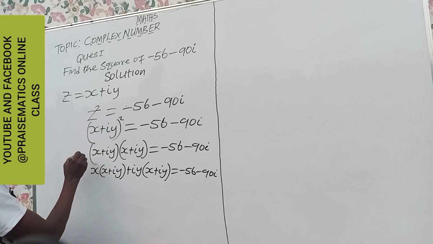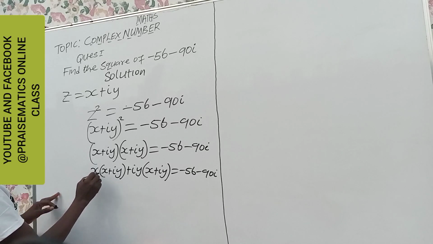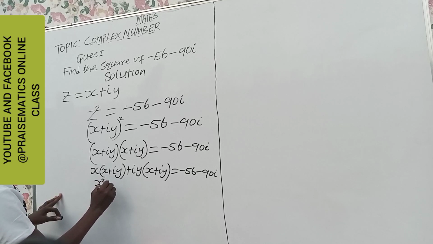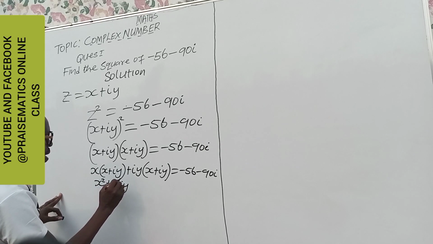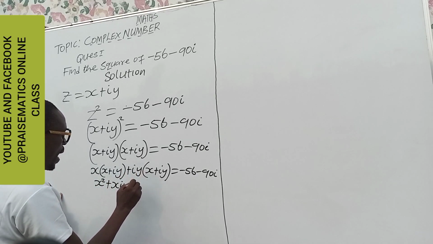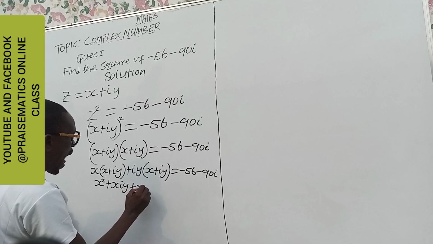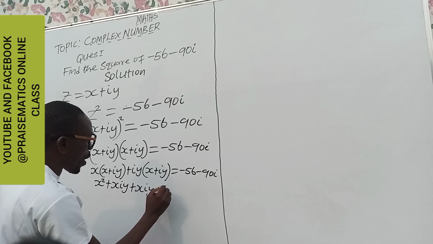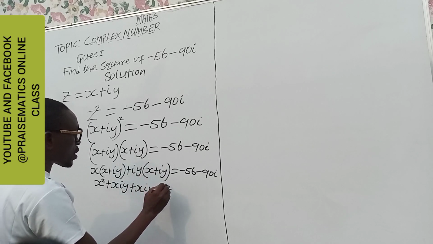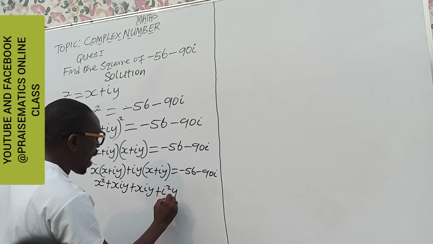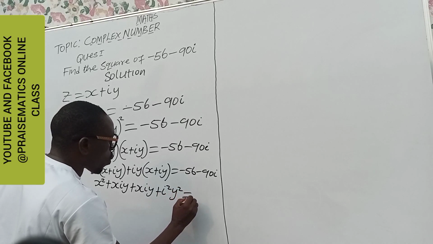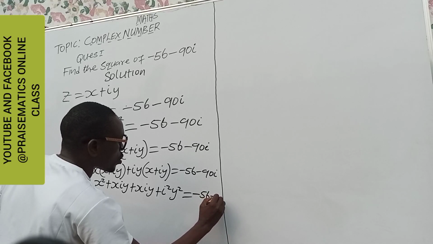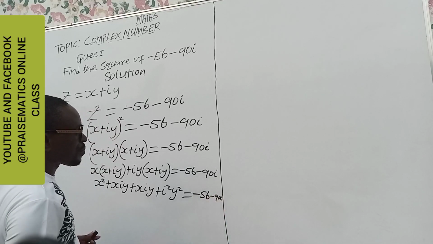Now what do we do again? We have to multiply. x multiplied by x gives x squared. x multiplied by iy gives xiy. iy multiplied by x gives xiy. i times i gives i squared, and y times y gives y squared, all equal to minus 56 minus 90i.